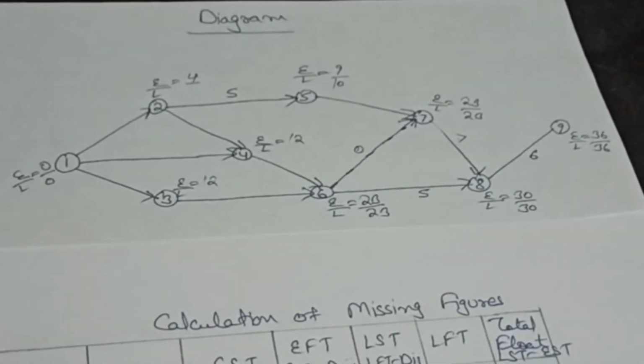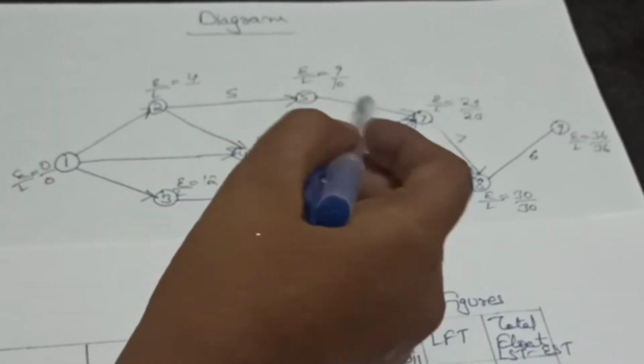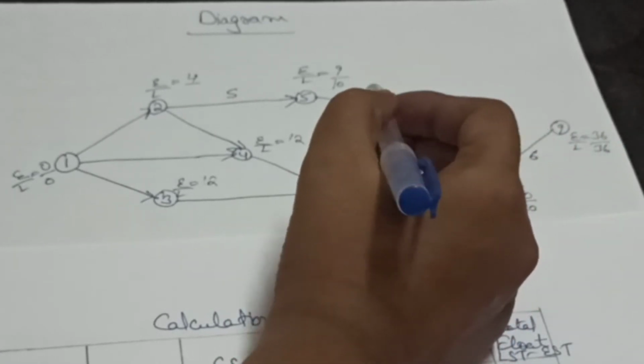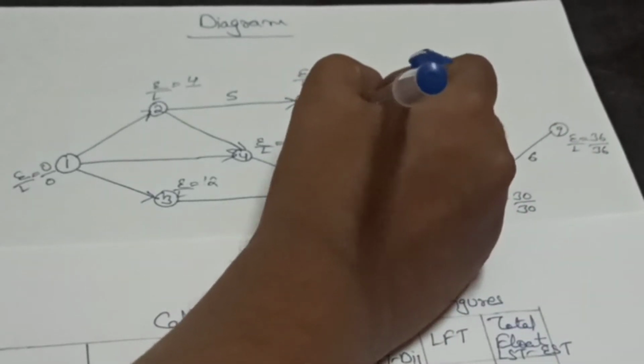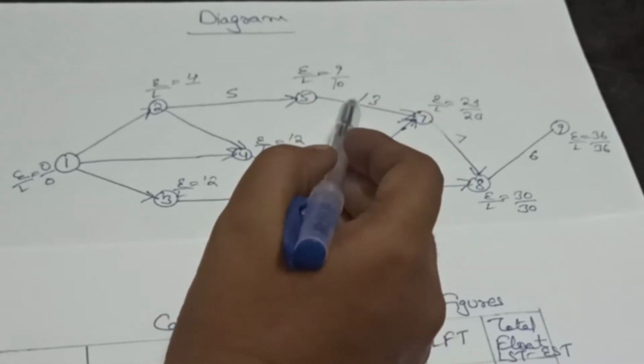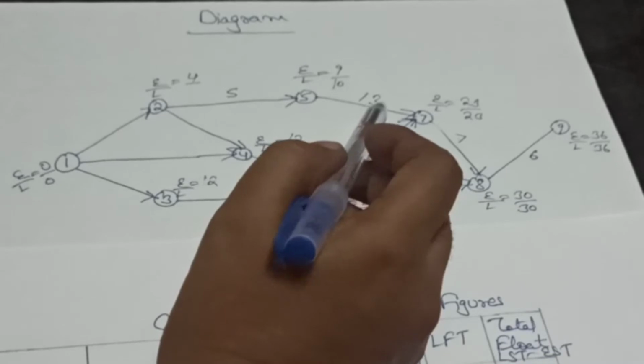Now we will calculate the duration of this activity. As we can say, 23 minus 0 is equal to 23. 23 minus 13 is equal to 10. So we can write 13 here because there is only one activity. So we can write the duration here. 13 is its duration.